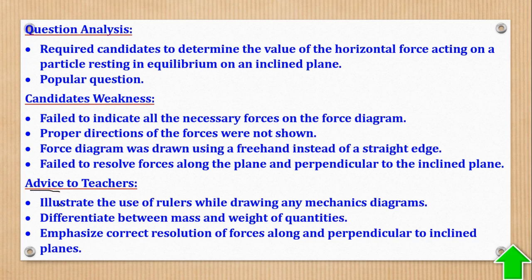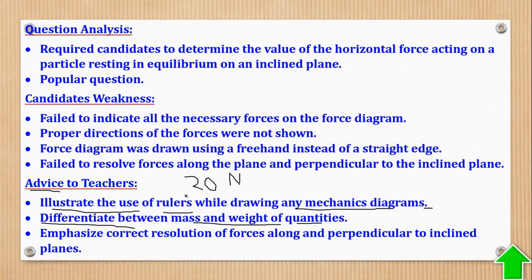Then advice to teachers: teachers should illustrate the use of rulers while drawing any mechanics diagram. So always when you are drawing any diagram of mechanics, ensure that you have a ruler nearby. Then teachers should differentiate between mass and weight of quantities. So for most students, what was given was weight because it had a unit of Newton.